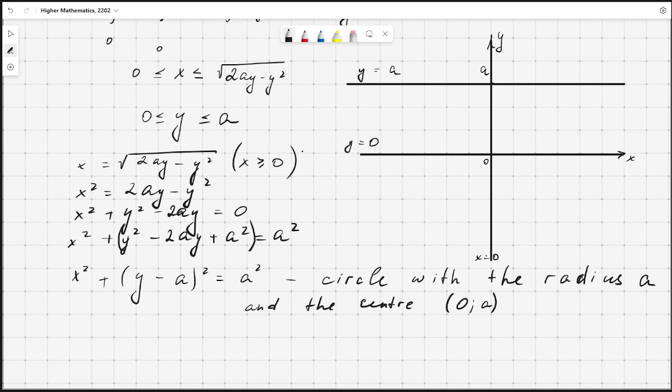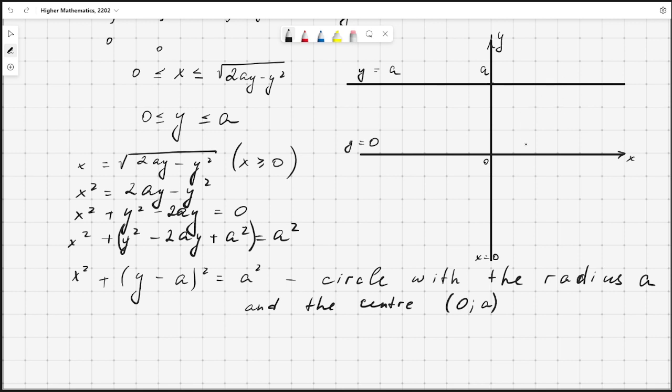But if x is positive, it is a semicircle. A semicircle that lies in the upper part of our plate. It means above the x-axis.